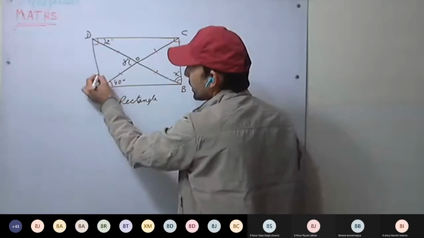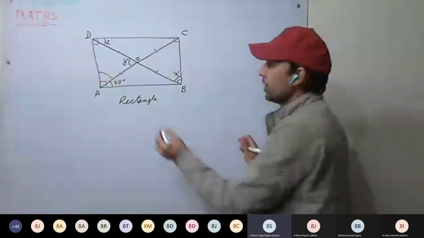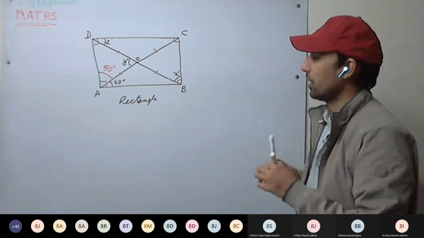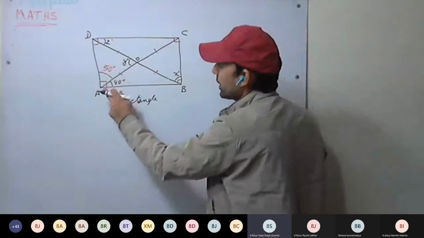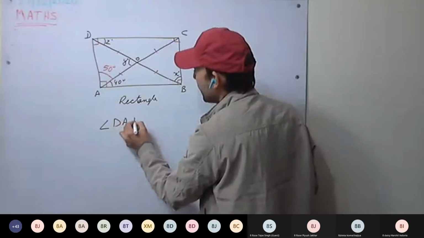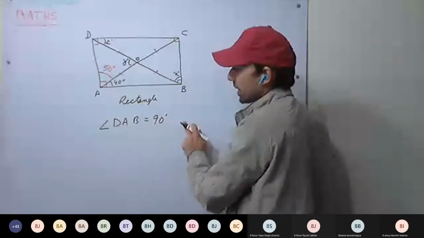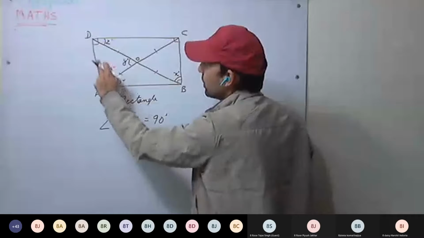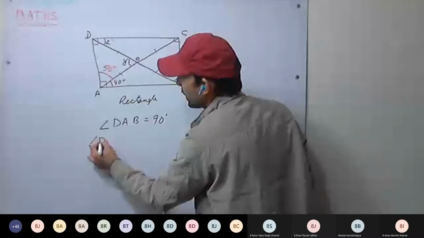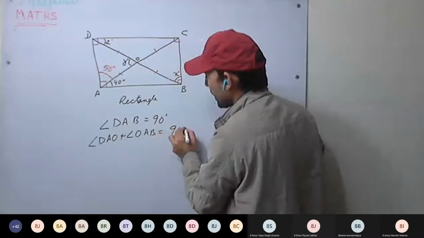This is 40 degree. Then this will be 50 degree. Angle DAB equal to 90 degree because it's an angle of a rectangle. Angle DAB can be written as angle DAO plus angle OAB equal to 90 degree.